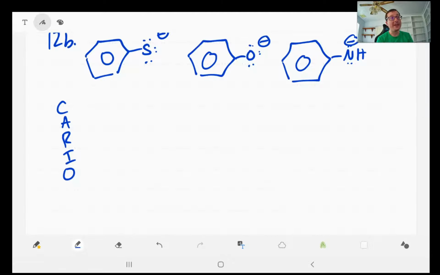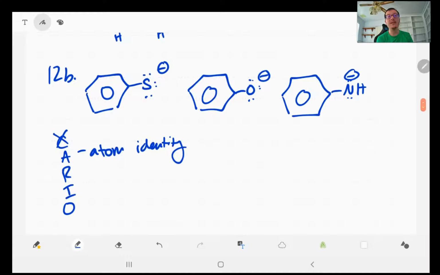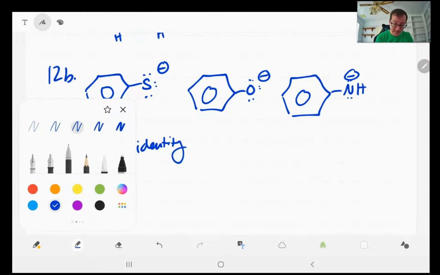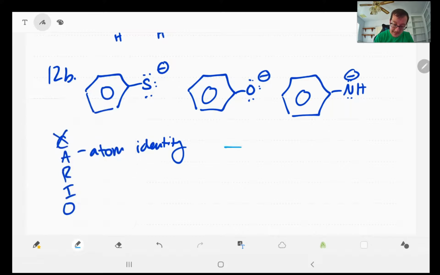We don't have any cationic acids here, so nothing with C. Next is atom identity, right? That the hydrogen is on. So what we want to do is look at these atoms and see, okay, which one is going to be the best at accommodating that negative charge. And remember that for atom identity, the most important factor is size. And then after that, then we deal with electronegativity.